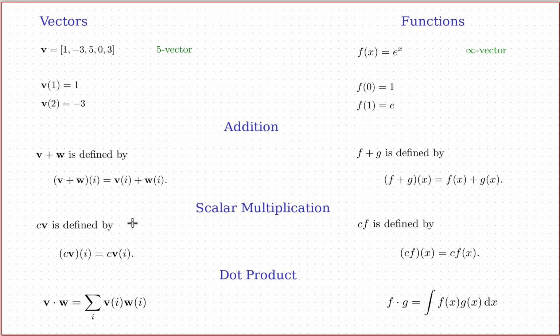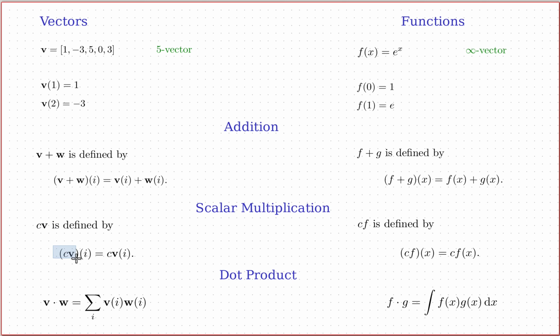You can define scalar multiplication. Remember, in a vector space, scalar multiplication is when you multiply a vector times a real number, a scalar, and that kind of scales up or scales down the vector. It makes it longer or shorter, but preserves the direction. Again, you do that by simply multiplying this constant c times each component of the vector.